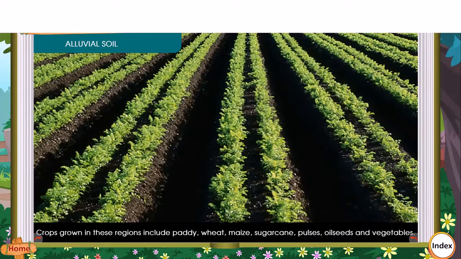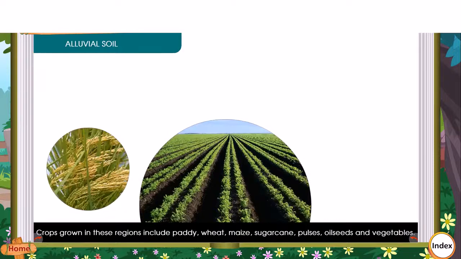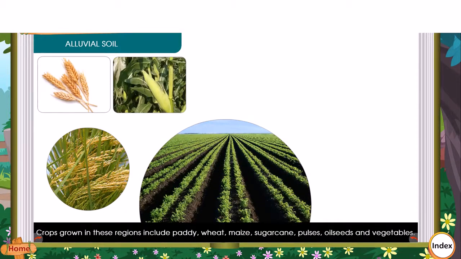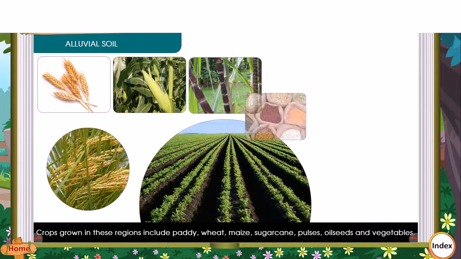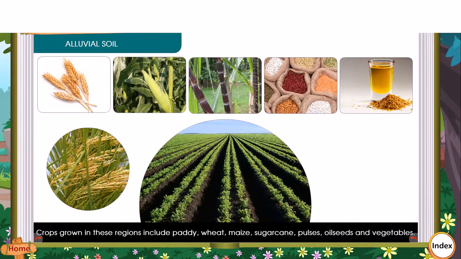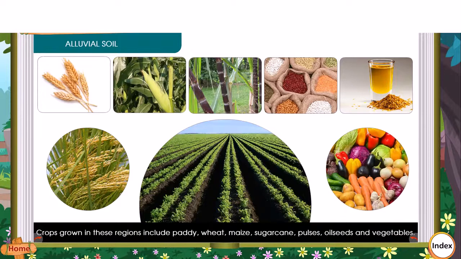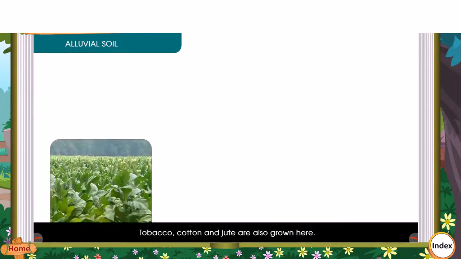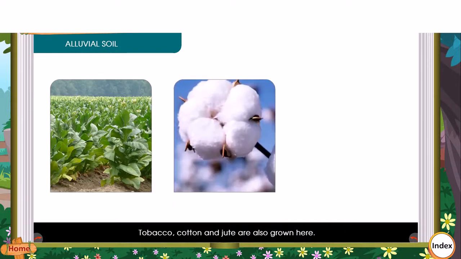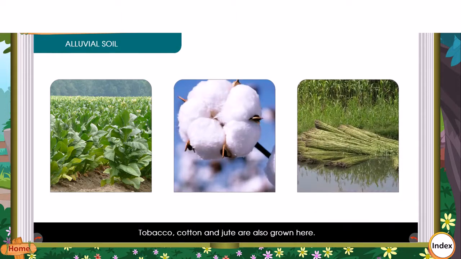Crops grown in these regions include paddy, wheat, maize, sugarcane, pulses, oilseeds, and vegetables. Tobacco, cotton, and jute are also grown here.